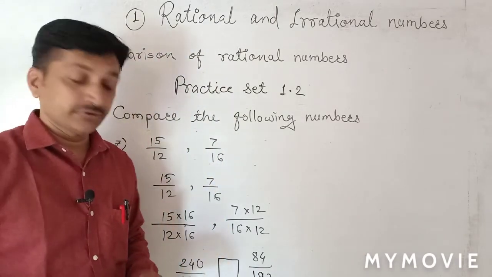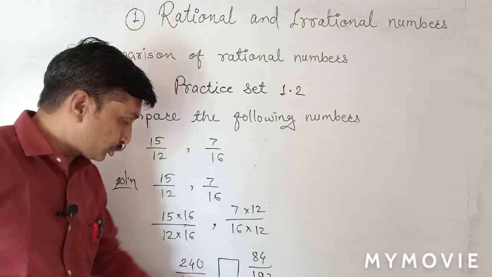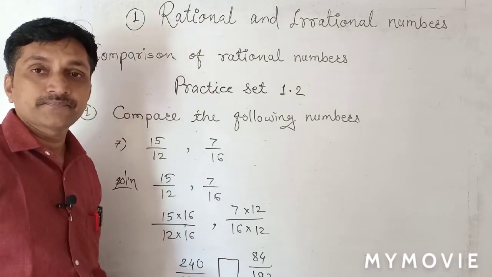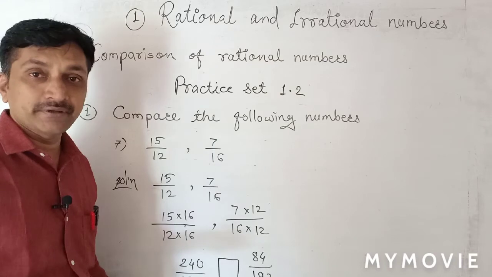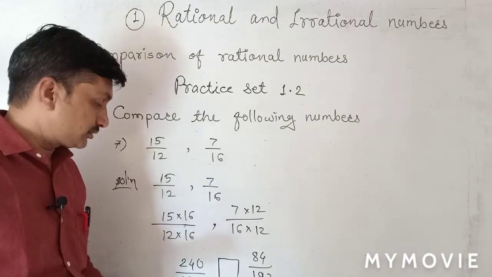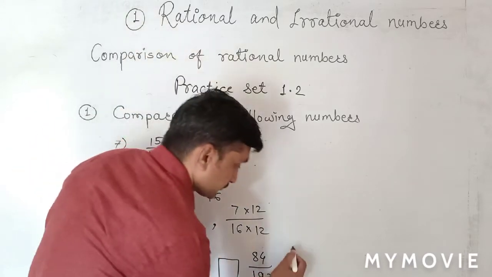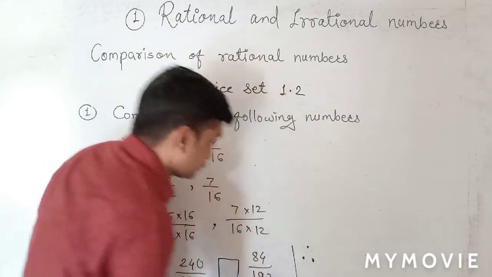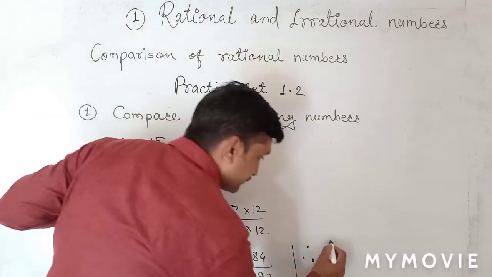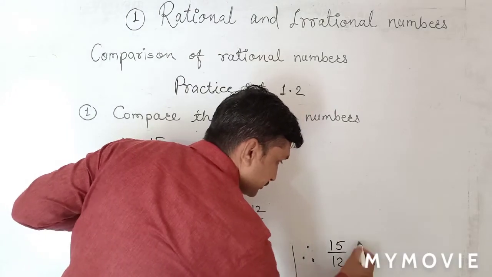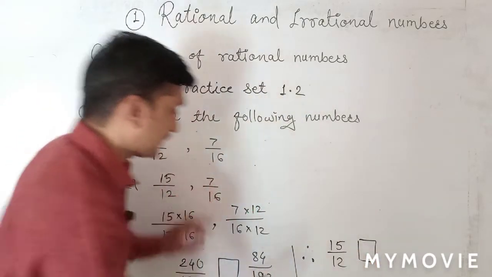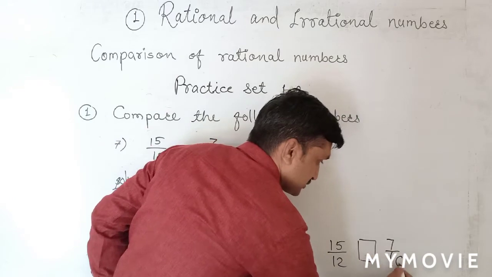Now see dear friends, here we got both the denominators same. Now it is easy to compare. Compare the numerators directly, and after that write the original fractions. 15 upon 12, here comparison, second fraction 7 upon 16.